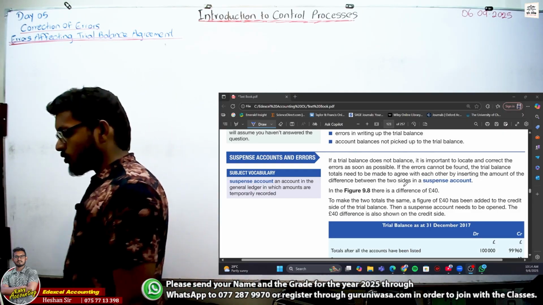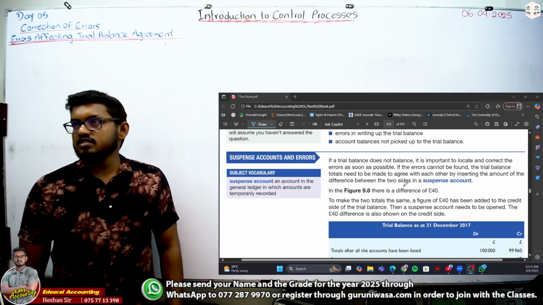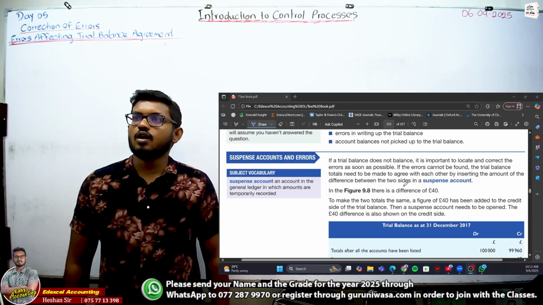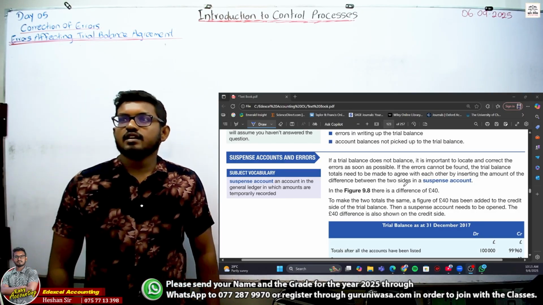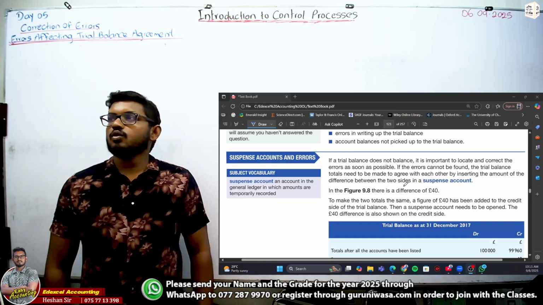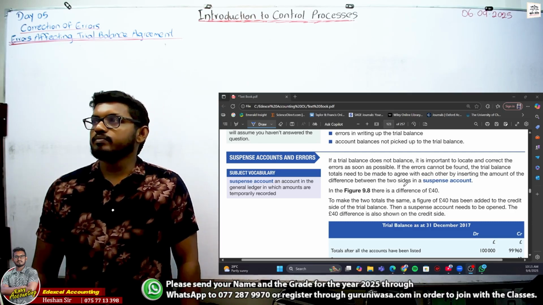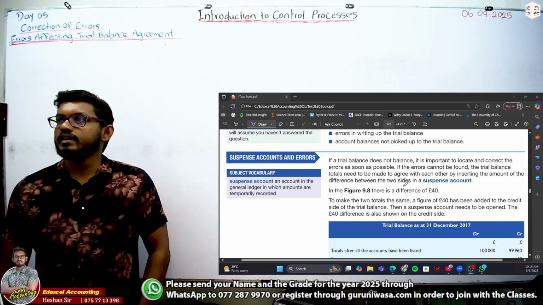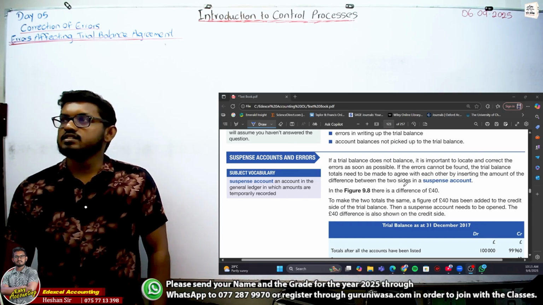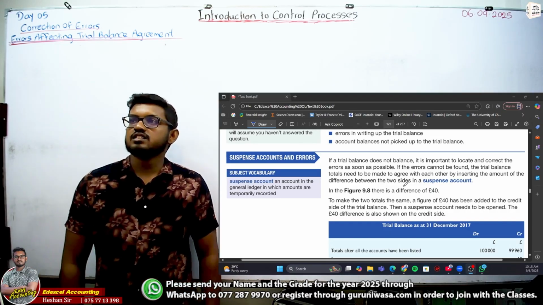As you know, I told you about the suspense account. When the trial balance is not agreeing, we take the difference to the suspense account, right? A suspense account is an account in the general ledger in which an amount is temporarily recorded when the trial balance does not balance. It is important to locate and correct the errors as soon as possible. If the errors cannot be found, the trial balance totals need to be made to agree with each other by inserting the amount of the difference between the two sides in the suspense account.